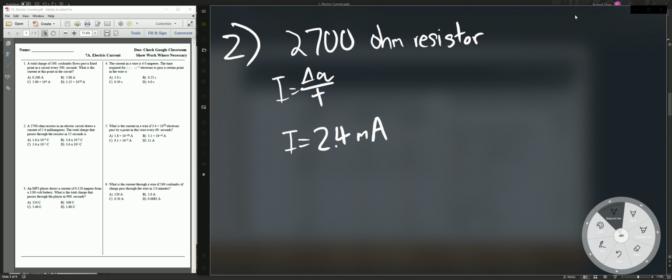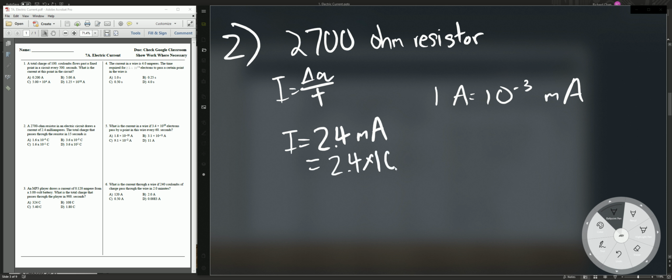So if we want to get this unit into amperes, we multiply by 10 to the negative 3. So this would be 2.4 times 10 to the negative 3 amperes. Easy, simple as that.